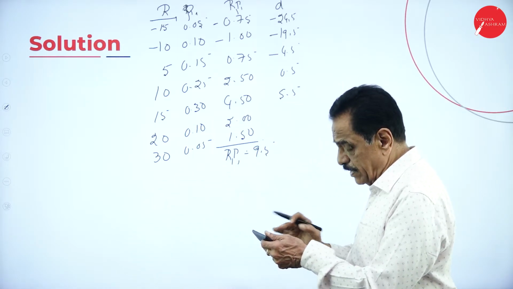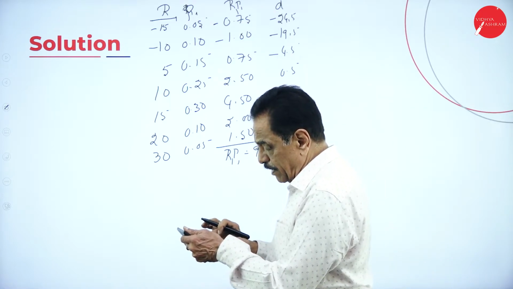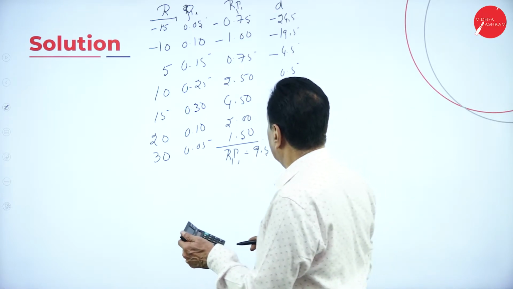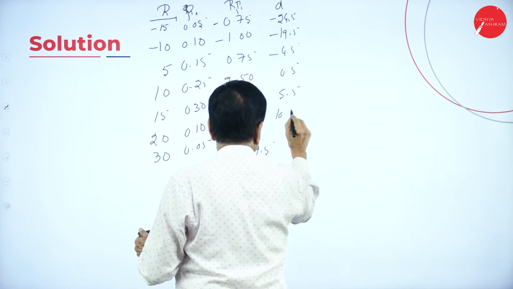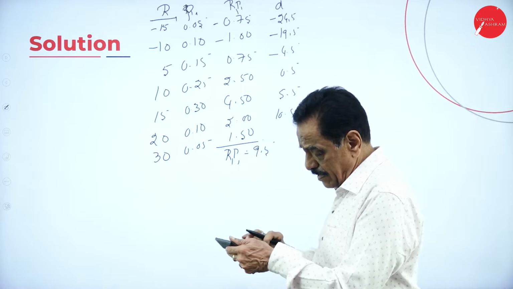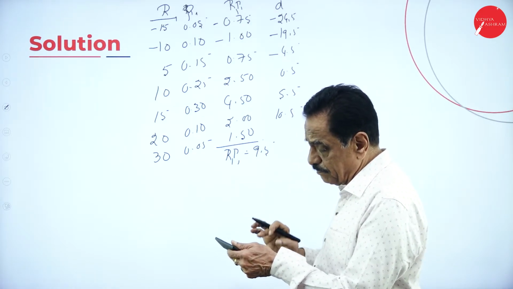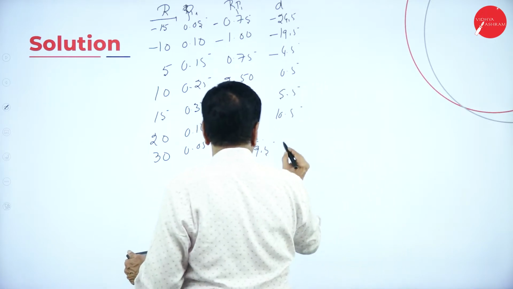Then 20 minus 9.5, 10.5. Then 30 minus 9.5, 20.5.